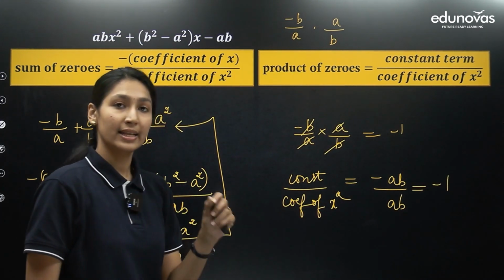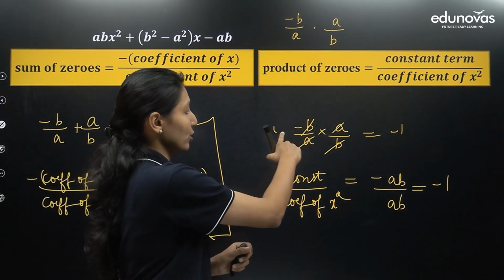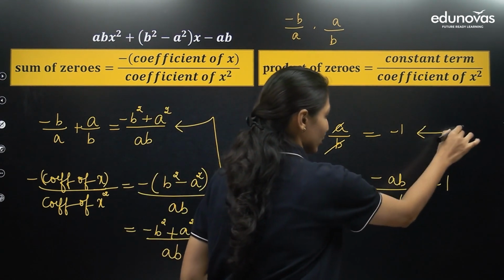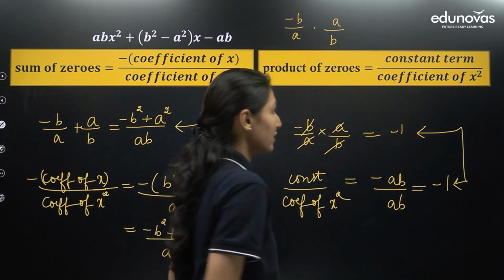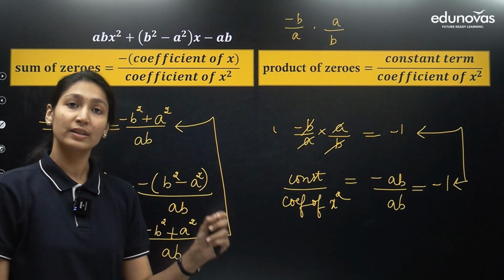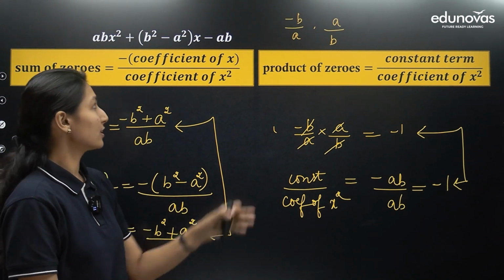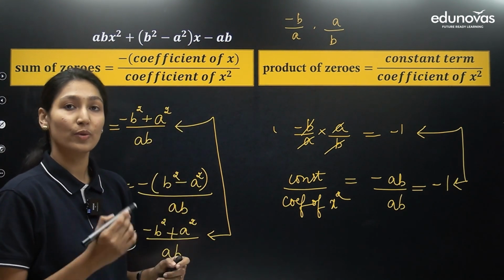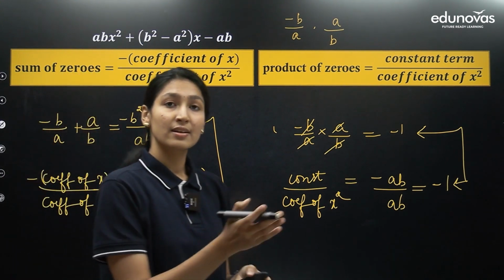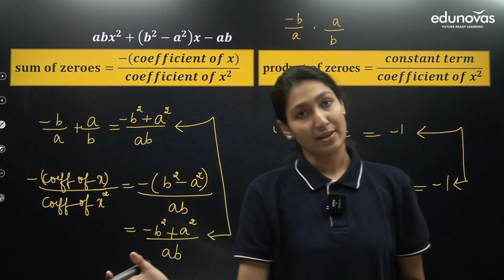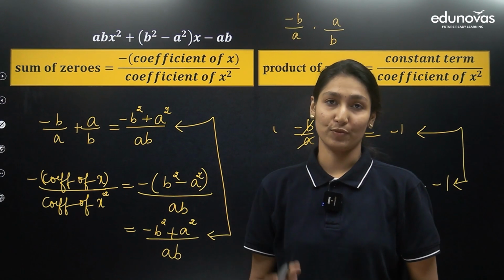Therefore, the product of the zeros is the same as the constant term upon the coefficient of x square. Hence, this polynomial also verifies the relation between the zeros of the quadratic polynomial and its coefficients.